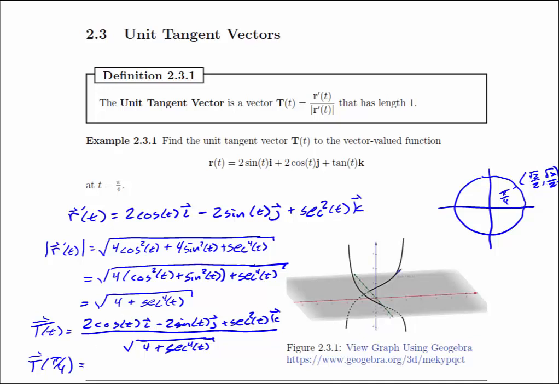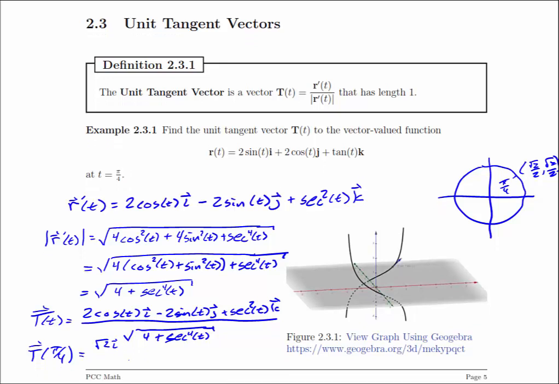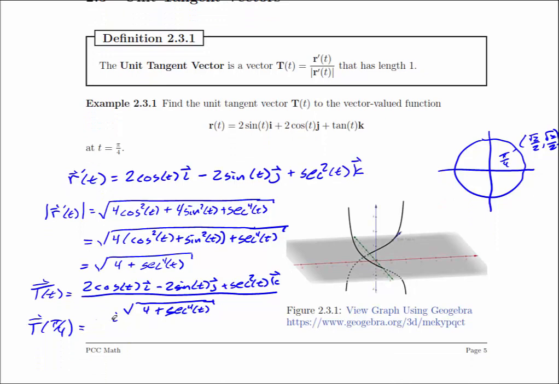And so we have 2 times root 2 over 2 is the square root of 2. Then minus 2 times the sine value is minus square root of 2 j.